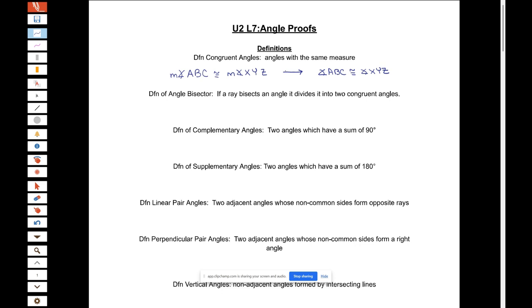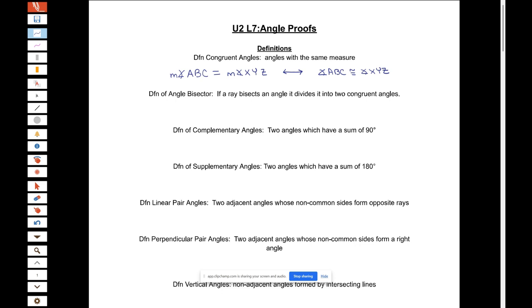Okay, this goes both ways because all good definitions are biconditional. So if you're given the measures, you can say the angles are congruent. If you're given that the angles are congruent, you can say that their measures are equal. And I should have just an equal sign between the measures because we're referring to numbers. So you can use it to move back and forth between equality and congruence.